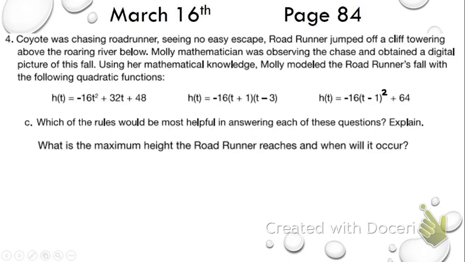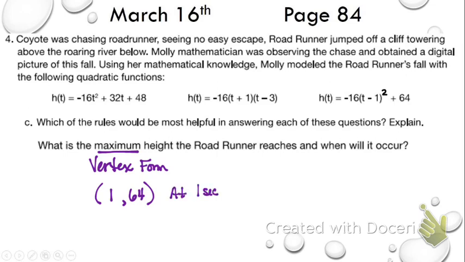Vertex form. When is that? We'll be at 64? 64 and 1. So at 1, I'm assuming this is second. At 1 second, the max height of 64 feet.